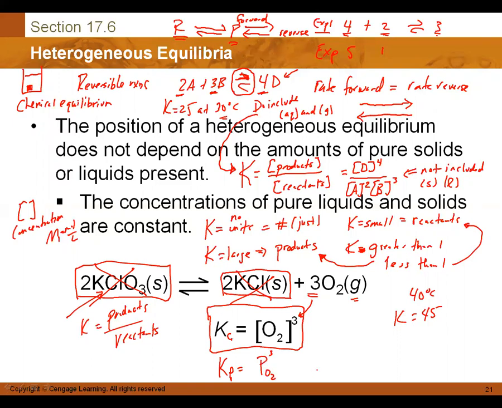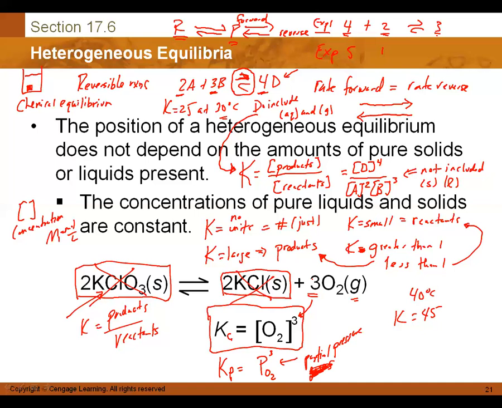And this would be the partial pressure, which is another way an equilibrium value is sometimes written, especially where gases are involved. Partial pressure, okay. All right, any questions on equilibrium?